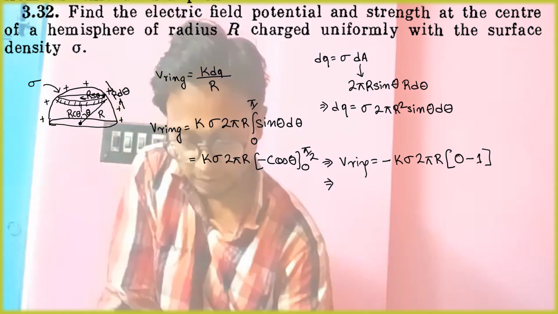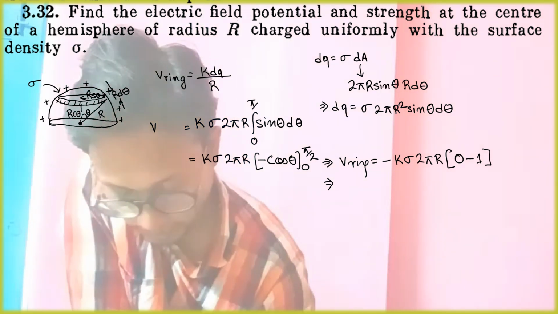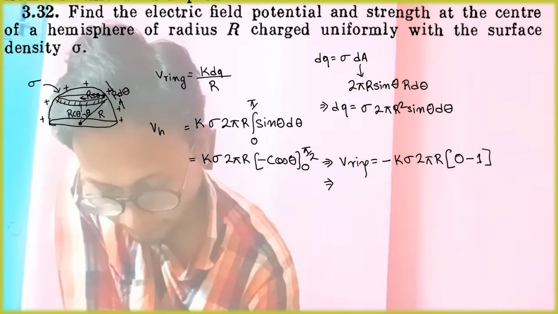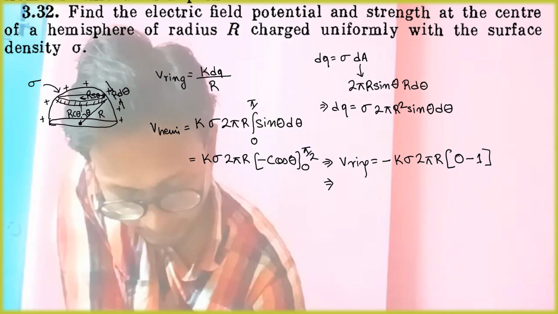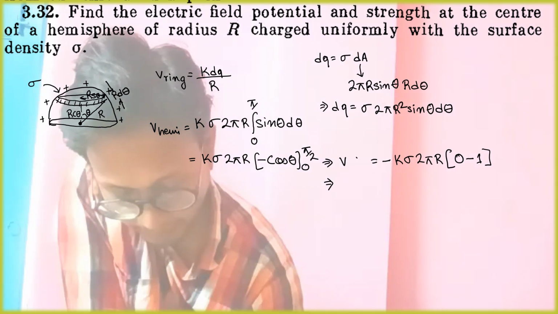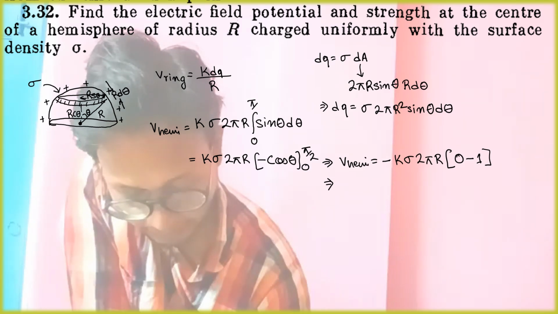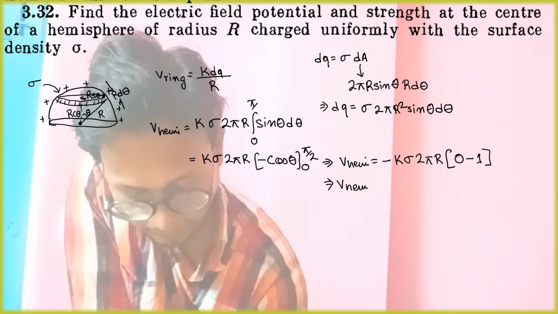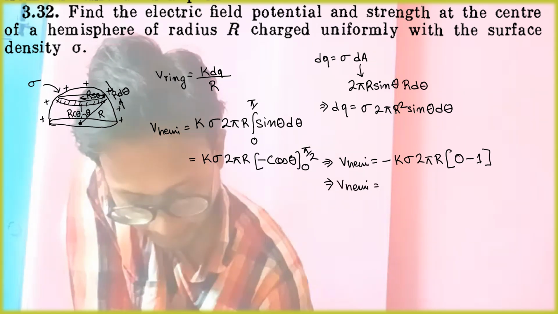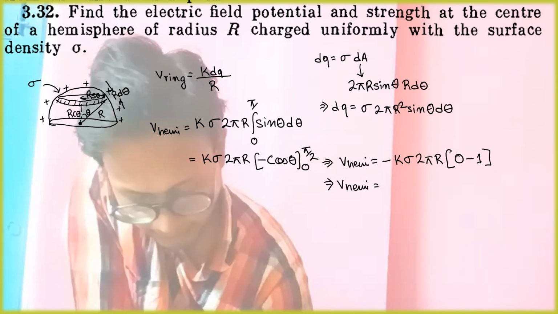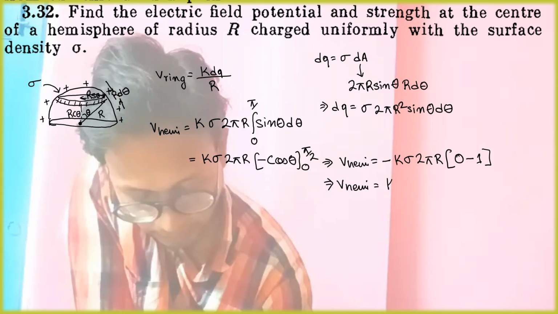So out here, instead of the potential of the ring, I'll write the potential of the hemisphere, which is nothing but this minus 1, and this minus 1 would get turned into positive. So k sigma 2 pi R.